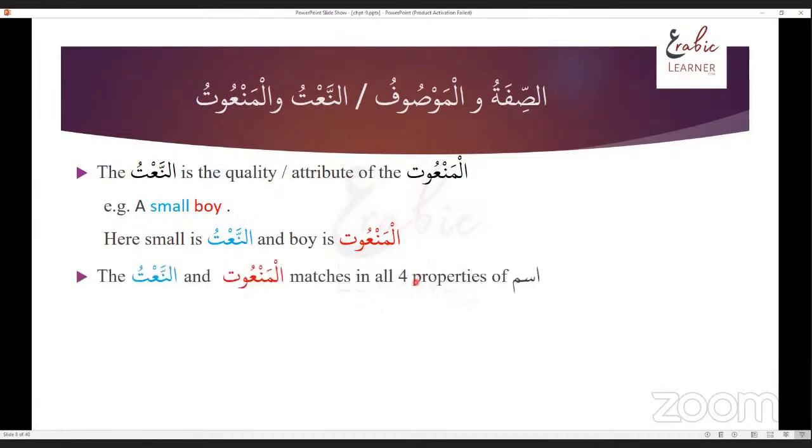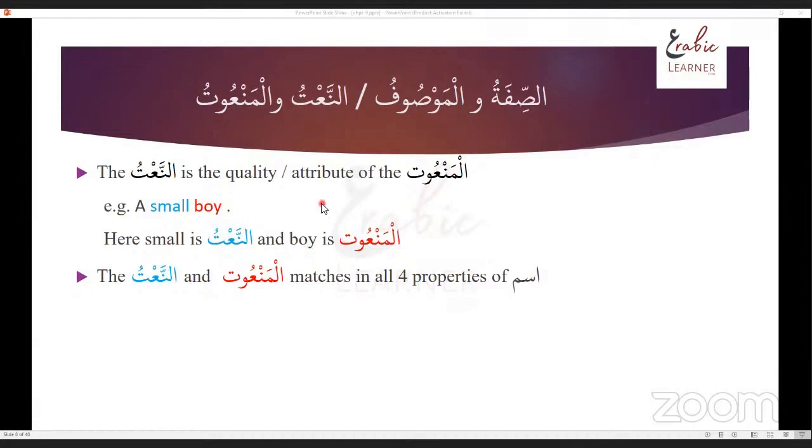Okay. A Naat and Manuut match all four properties of ism. Lazim, it is necessary. They have to match all the four properties of ism. If they do not match, they are not Naat and Manuut. Period. So remember this.